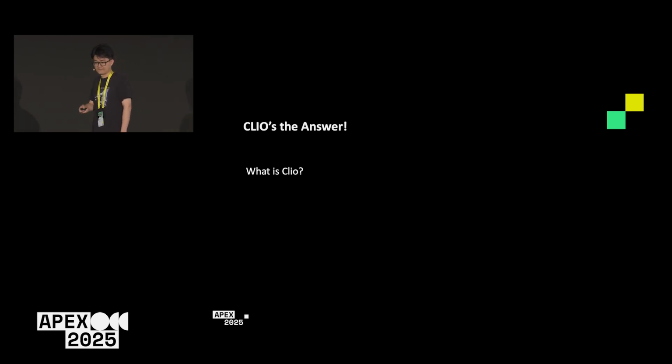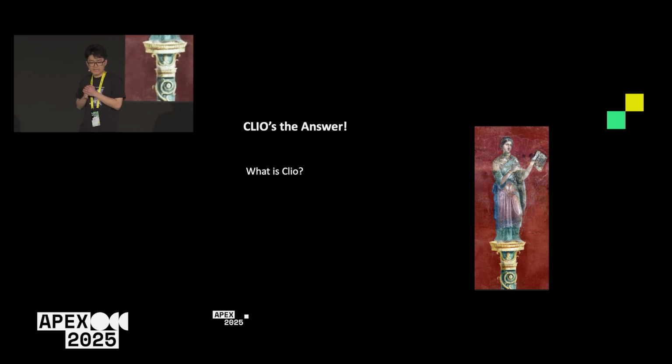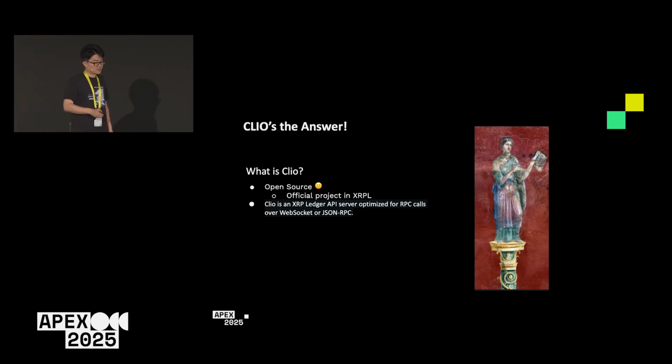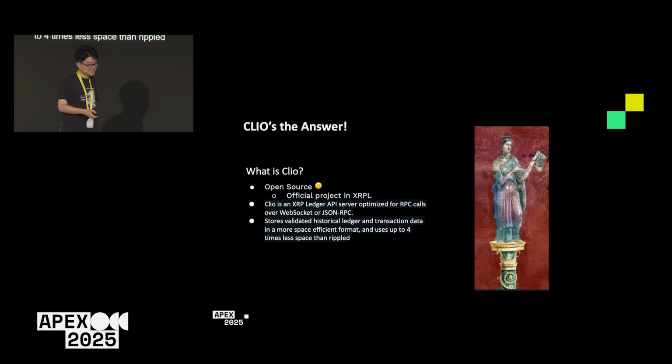What is Clio? So Clio is the goddess of history in Greek mythology. No, but let's actually be real. So Clio is an open source project, and it is an official project in the XRP ledger. Clio is an XRP ledger API server, which is optimized for RPC calls over a WebSocket or JSON RPCs.